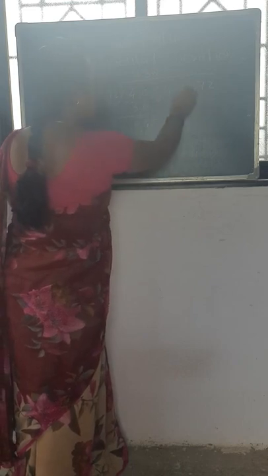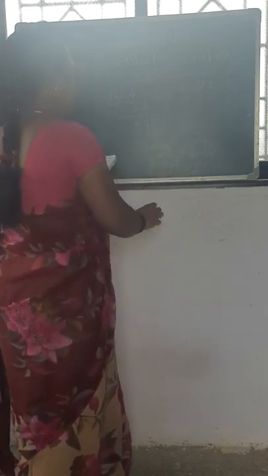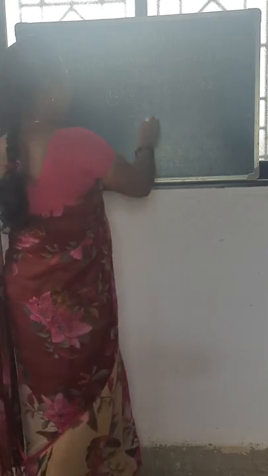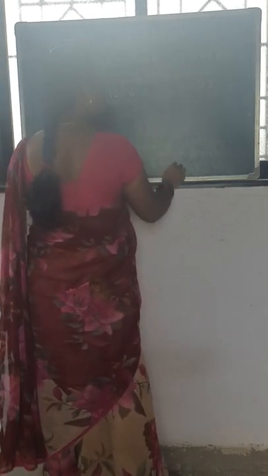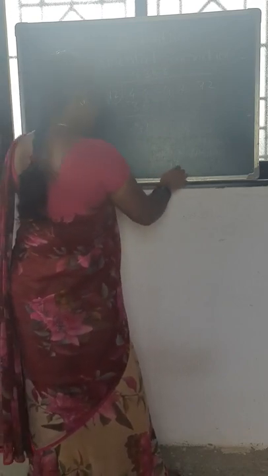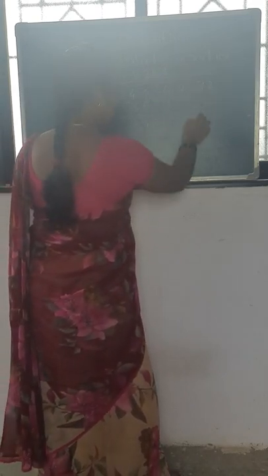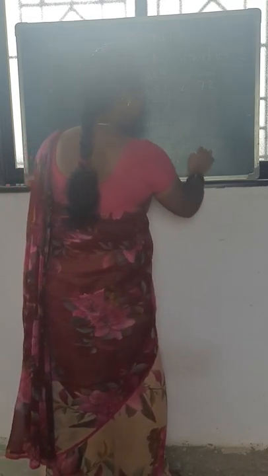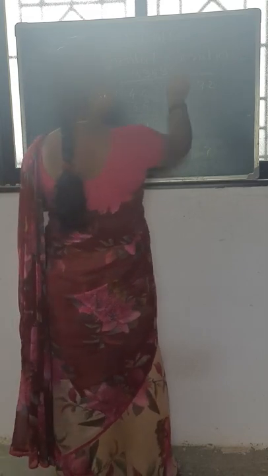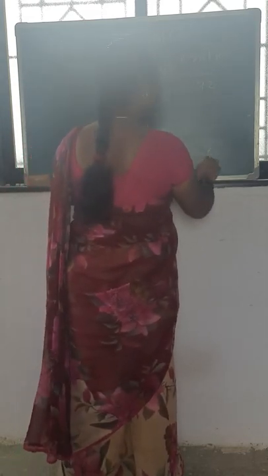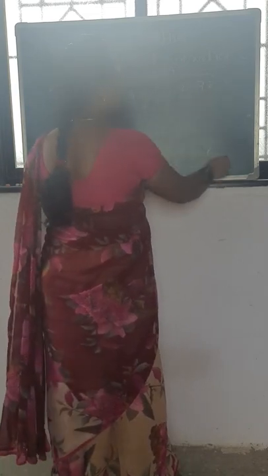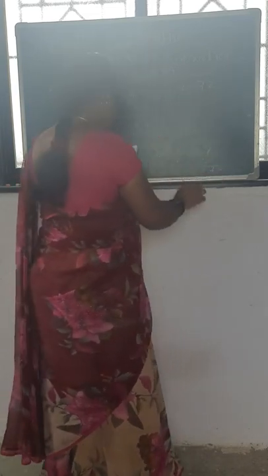Next bring down the next digit, giving 42. Then 12 3s are 36. Then subtraction is 6. Next we bring down 7. Then 12 5s are 60. Then remaining 7. Then the last digit gives 72.